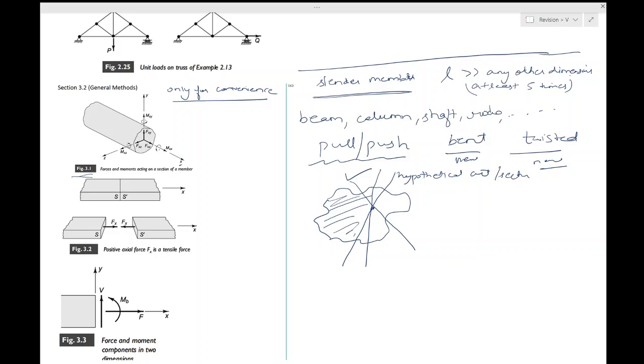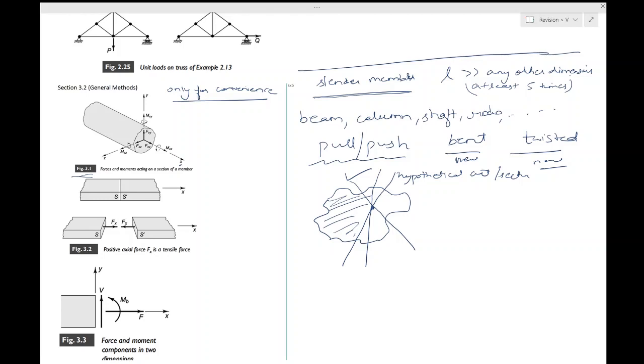So you will have the x-axis along the axis. This is the first thing you should do: make the axis of this slender member the x-axis. Then, based on the loading or the cut, you can have your y and z axes accordingly. This is something which you should get used to doing.